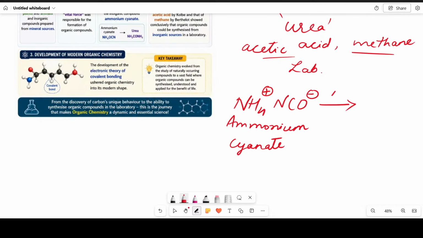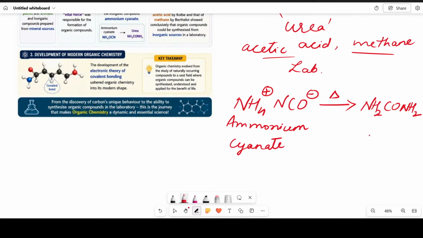On heating, it formed a compound called urea, NH2CONH2.